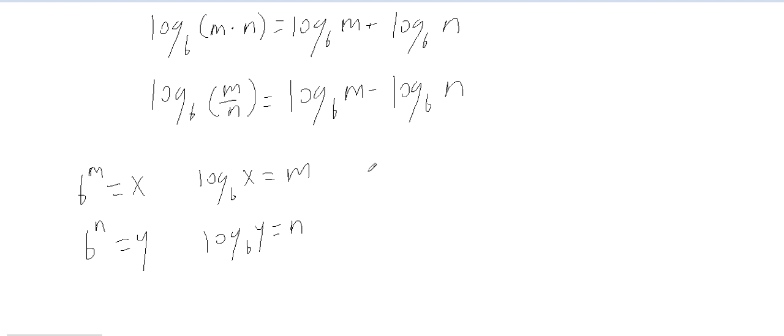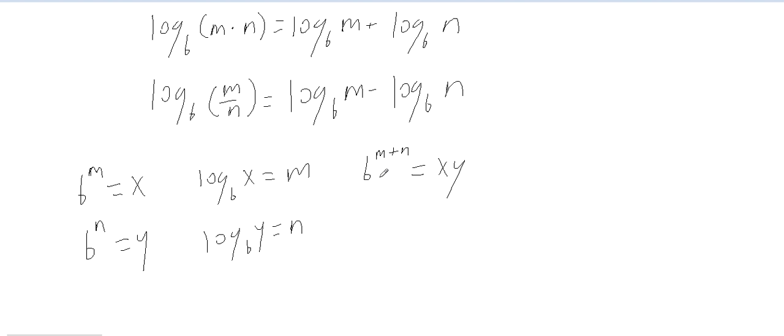Now then, let's say we multiply these two together, so b^m times b^n. So we get b^(m+n) because of the product rule of exponents. And that equals xy, because we're just multiplying x and y.